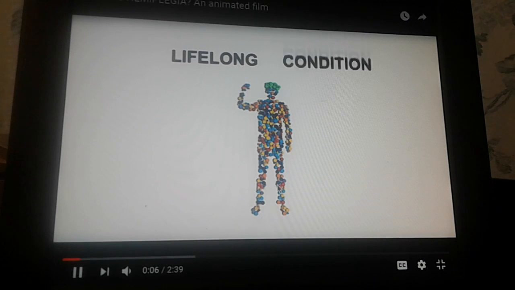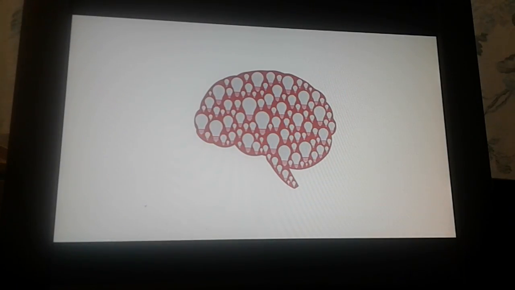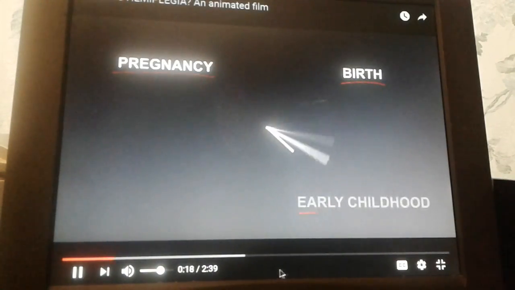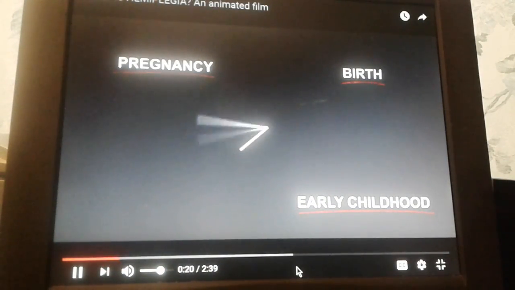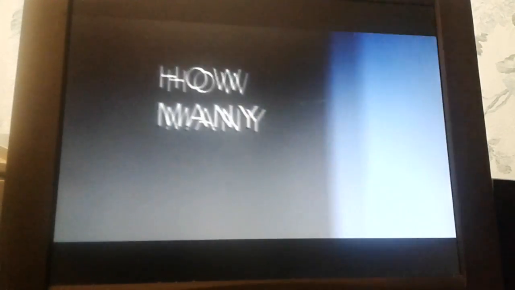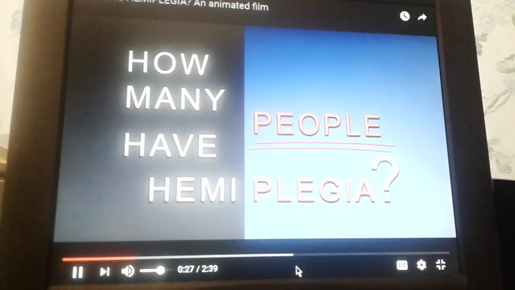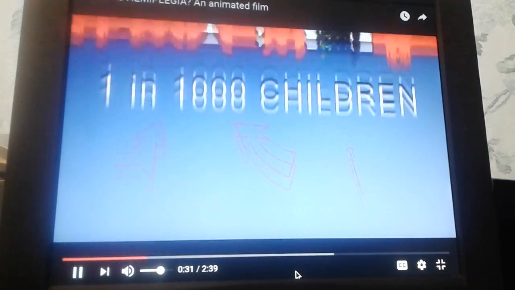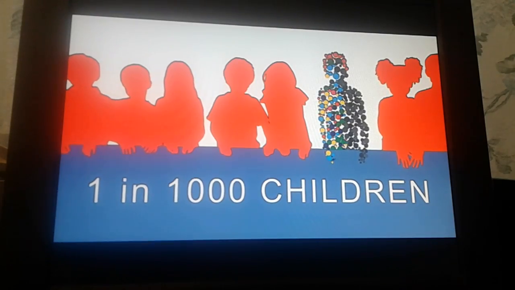Hemiplegia is a lifelong condition which affects one side of the brain in a similar way to a stroke. It's caused by injury to the brain. It may happen during pregnancy, birth, or early childhood, but it can also be acquired later in life. How many people have hemiplegia? 1 in 1,000 children born in the UK. It's not uncommon.